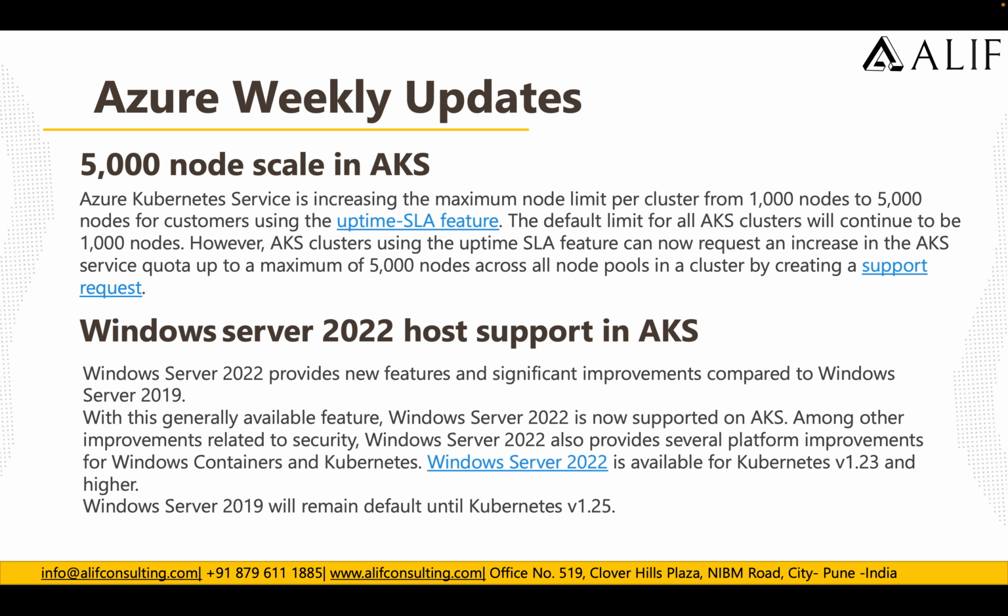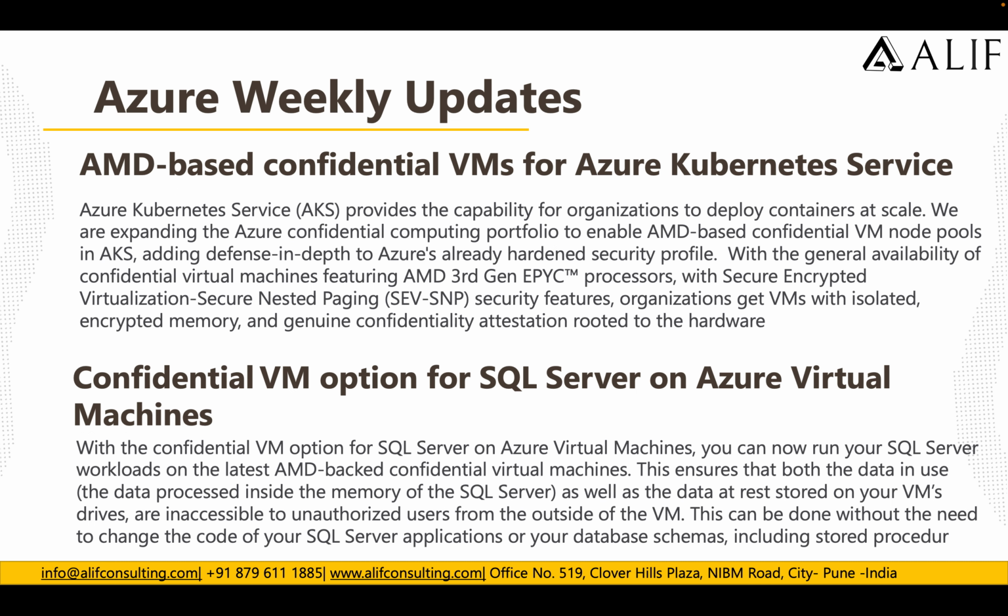But if you really want to use the older version, then you can use a Kubernetes version lower than 1.25, and then you can select which operating system you want to use. So we have both capabilities: for Server 2019, and for Server 2022 as well. So now we have both capabilities with Kubernetes.